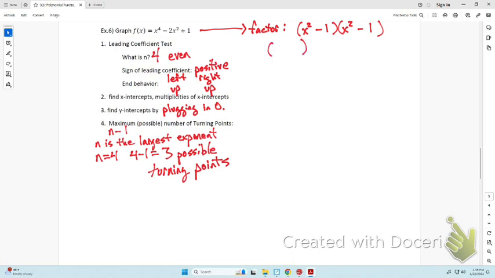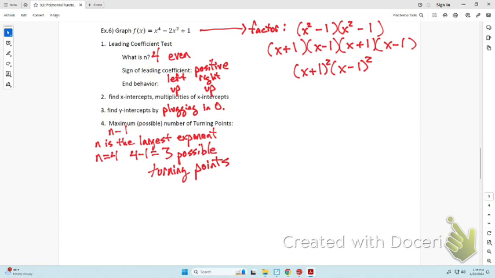But we can factor it further. We have two sets of difference of two squares. We have x plus 1, x minus 1, x plus 1, x minus 1, which means we have x plus 1 squared and x minus 1 squared.